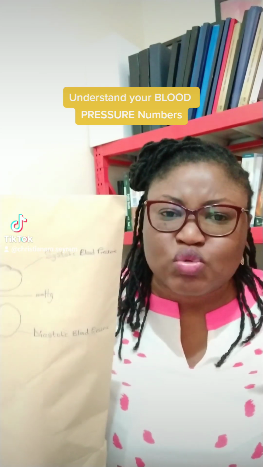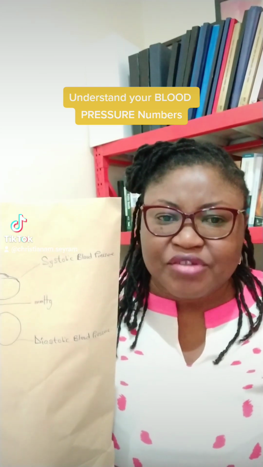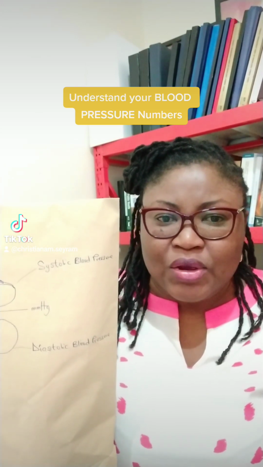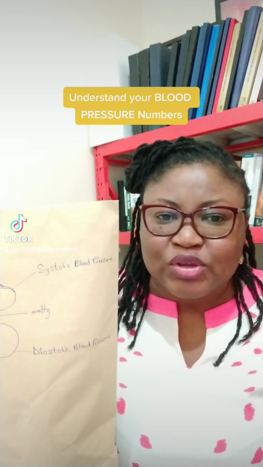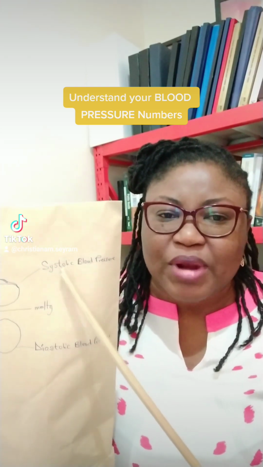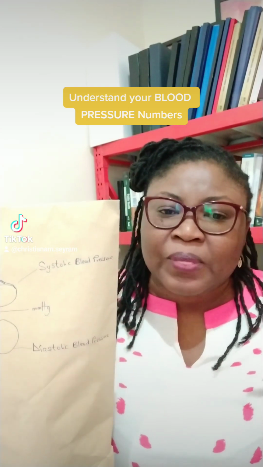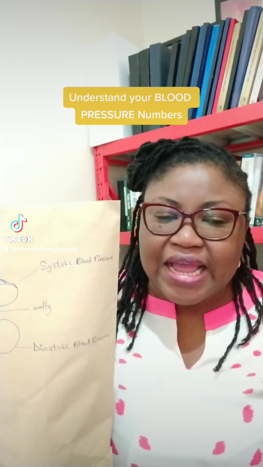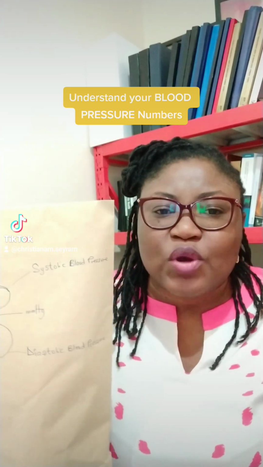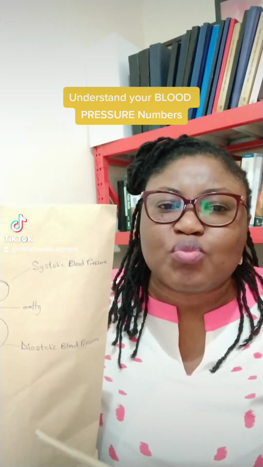As the heart contracts to push the blood through the arteries, it exerts pressure on the arteries. That pressure is what is known as the systolic blood pressure. In other words, the systolic blood pressure is the pressure that is exerted on your arteries as your heart contracts, or squeezes, in order to pump blood to the rest of your body.